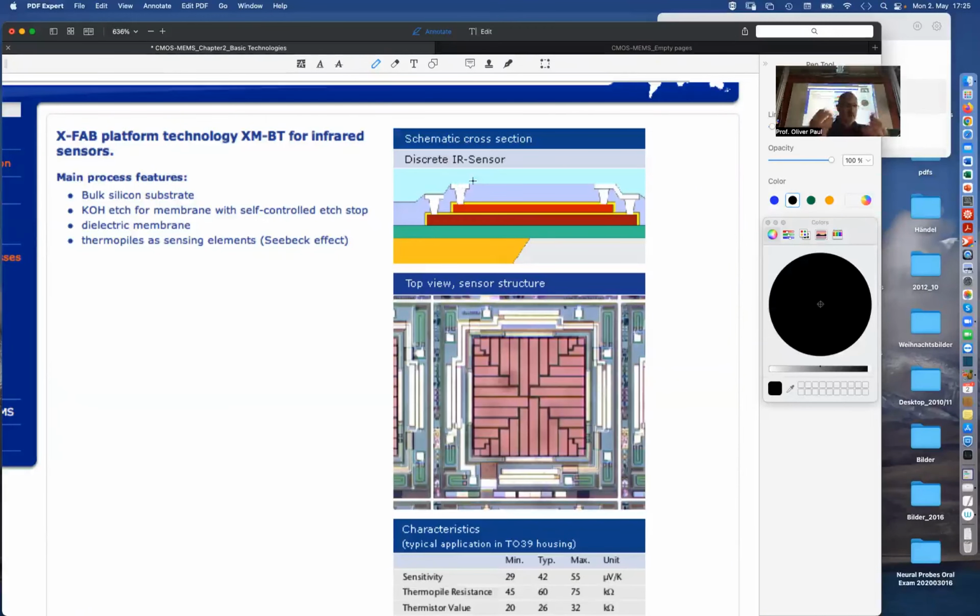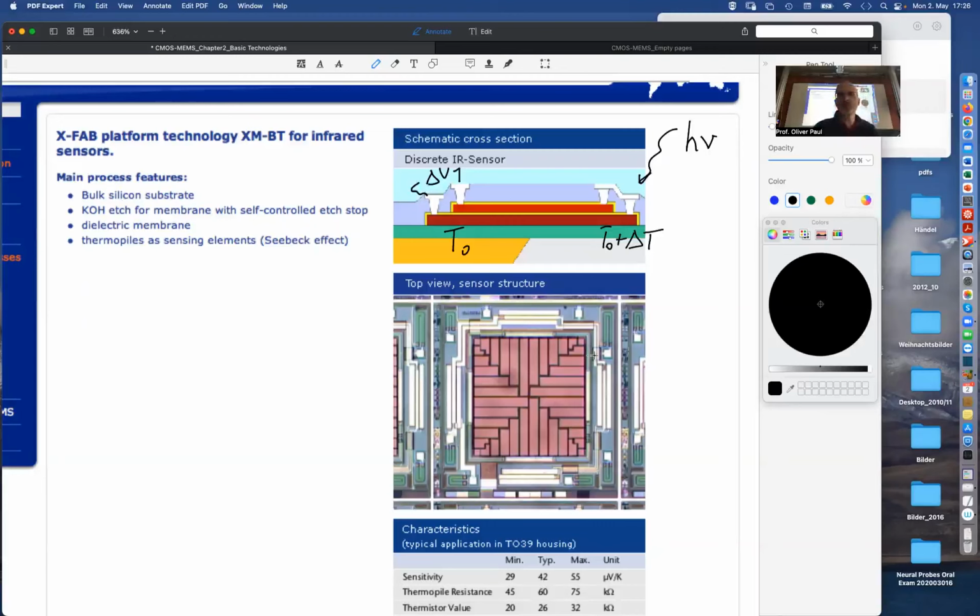So that's a typical thermocouple. If the temperature at this location is T0, and here we have T0 plus delta T, because some infrared radiation impinges on that structure, then there will be a voltage delta V that can be measured between those two contacts.